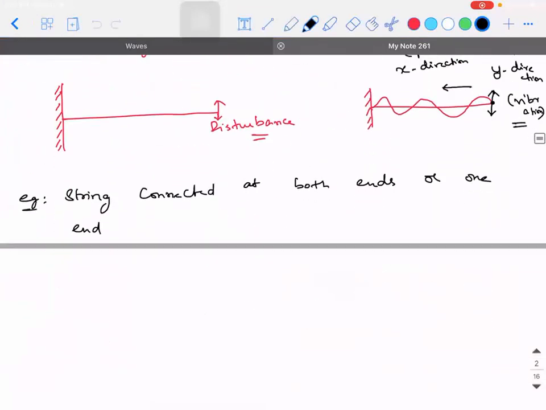So this is an example of a transverse wave. I hope you people are clear.